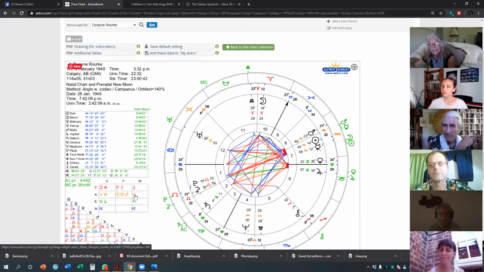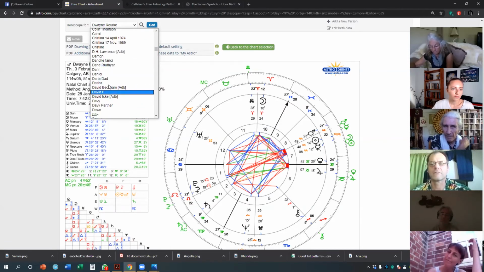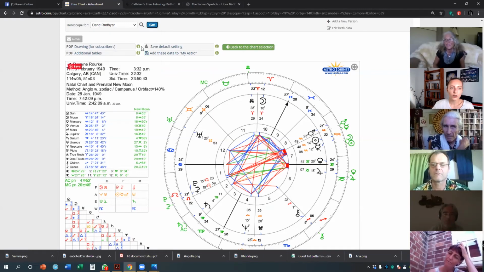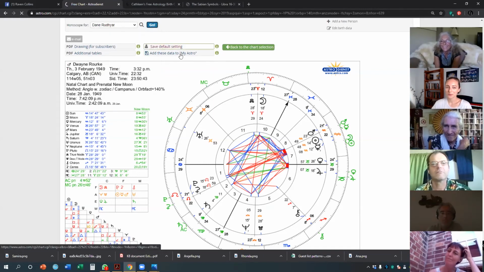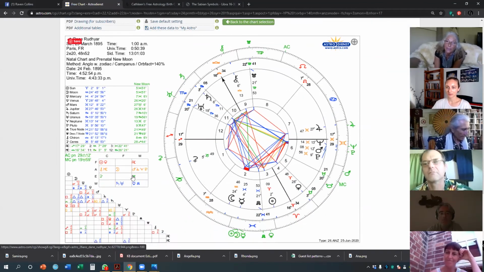What did you think that it was for Rudyard? What was the degree? The Sun is in the 3rd degree of Aries. So I can show it here. Okay. Mine is the 4th. Yours is the 4th. But I read it because it's 426, I read it as the 5.